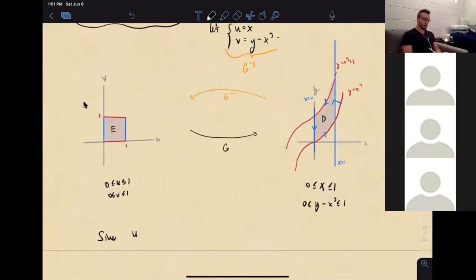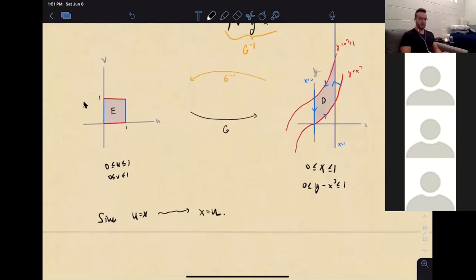If U is X, then extremely deep fact coming up. So sit down. This tells me that X is U. Shocker.